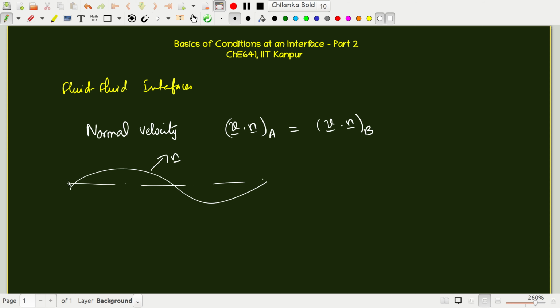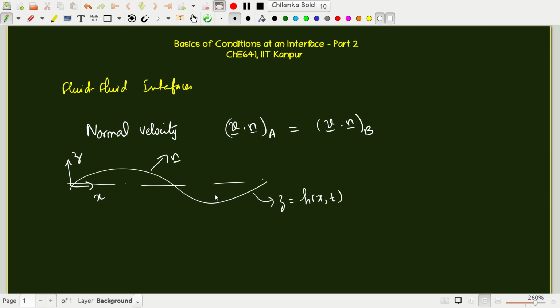For simplicity I'm going to assume two-dimensional interfaces just to avoid writing x, y, z. I'll just write the xz plane. Many things can be easily generalized to three-dimensional interfaces as well. So the location of this interface is denoted by z is equal to h of x, t.